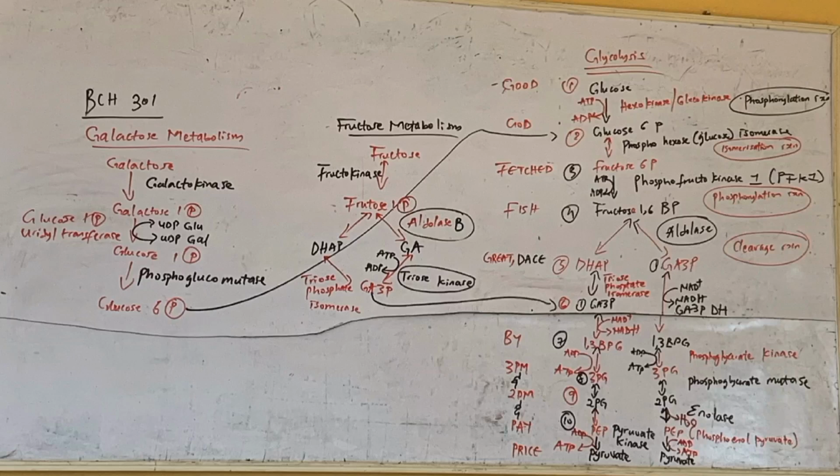So the fructose metabolism starts with fructose to fructose 1-phosphate by the enzyme fructokinase. So this involves addition of a phosphate from ATP. Any kinase enzyme undergoes a phosphorylation reaction. Hope you understand that. Then fructose 1-phosphate is cleaved by the enzyme aldolase B to dihydroxyacetone phosphate and glyceraldehyde. So dihydroxyacetone phosphate is converted to glyceraldehyde phosphate by the enzyme triose phosphate isomerase.